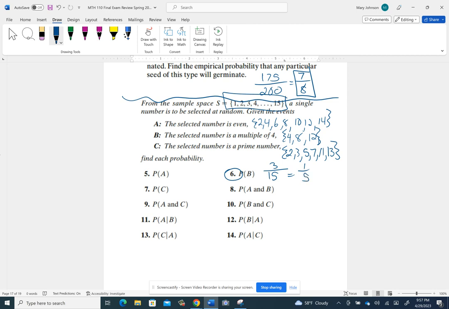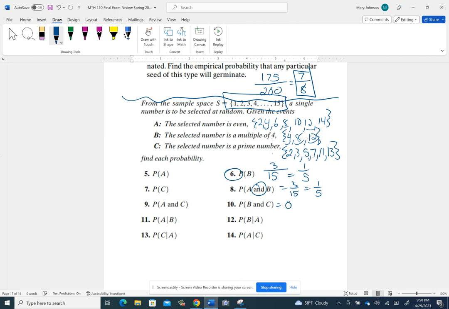The probability of being even and a multiple of 3, I said it wrong. The probability of being even and a multiple of 4 would be 4, 8, and 12. That would be 3 out of 15, which would be 1/5. The probability of being a multiple of 4 and prime would be 0.